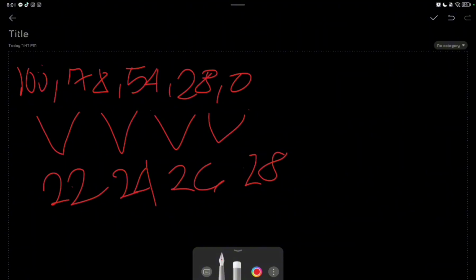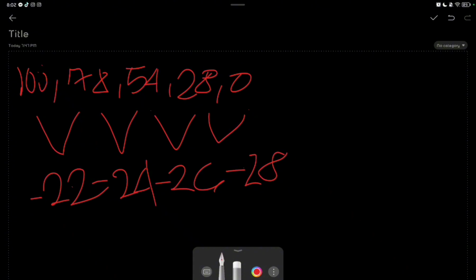So as you can see at the bottom, the pattern is subtracting the, what do you call this, the multiplied by 2. But it starts in 22. Like 22, 24, 26, 28. So obviously the next is 30, 32, and 34.